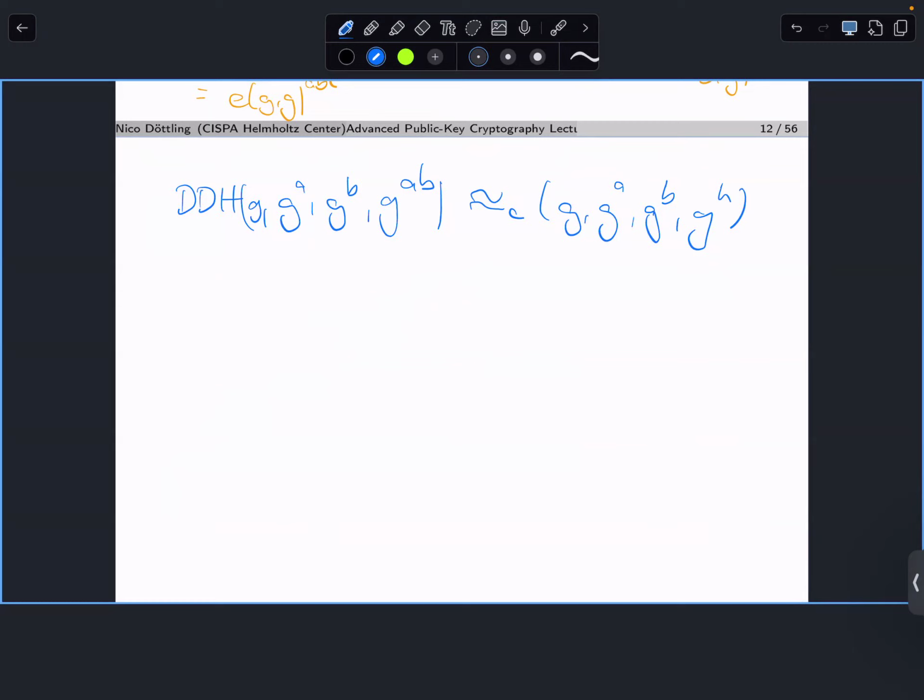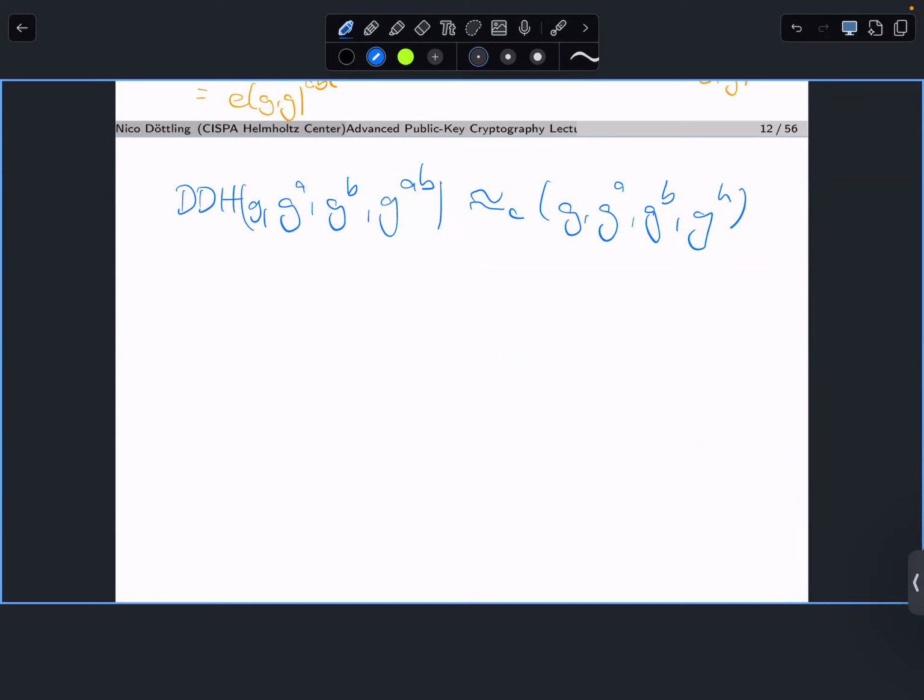He knows the generator G. He knows G to the A, that's a public message. He sees G to the B. And now his goal is to distinguish the actual key, G to the AB, from a fresh uniform key, right?